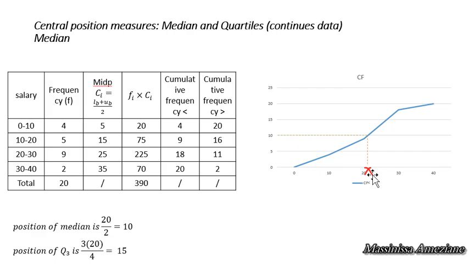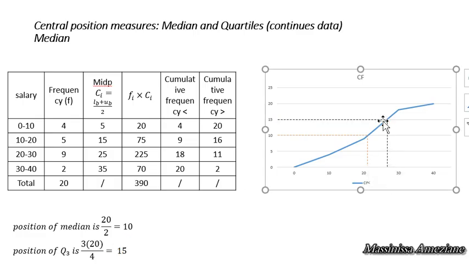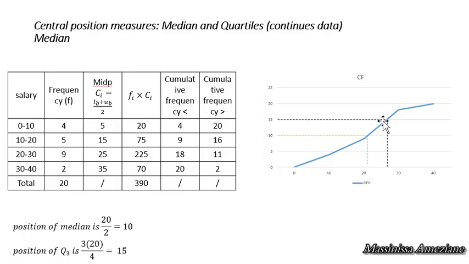For Q3, the same thing. We just need to find the position of Q3, which is 15 here. So we draw a horizontal line until it touches the curve of cumulative frequency less than. Then we draw a vertical line to find the value of Q3, and this is it.